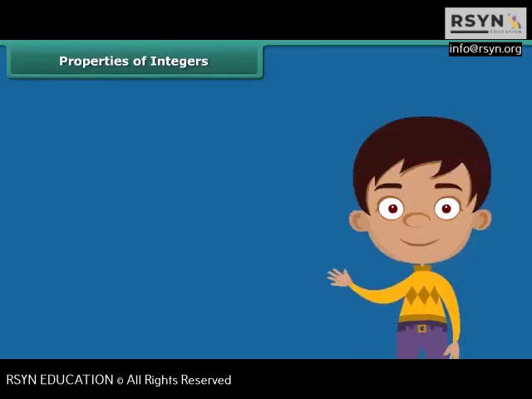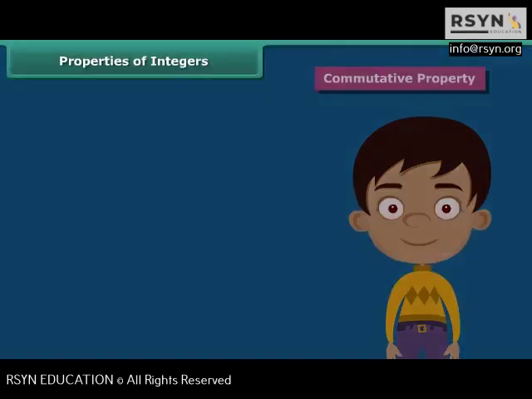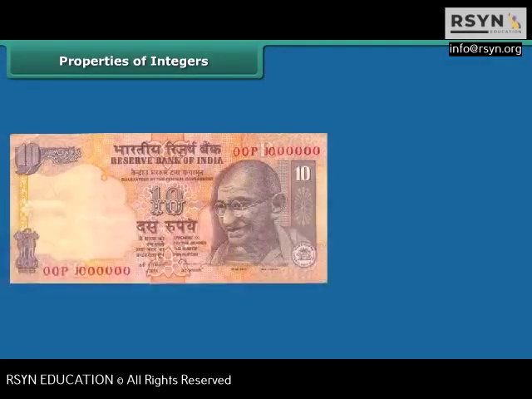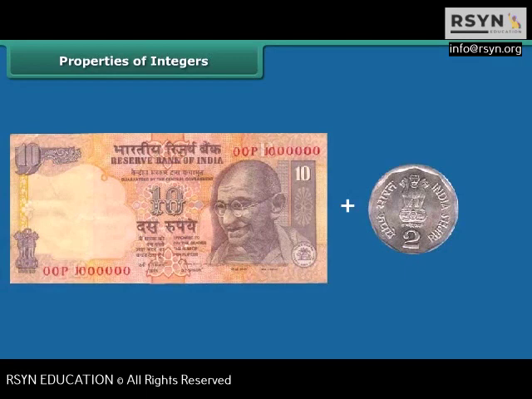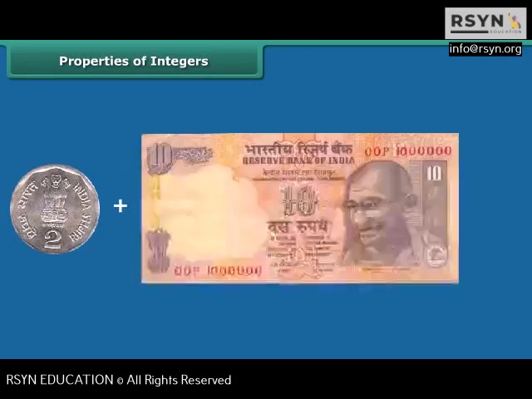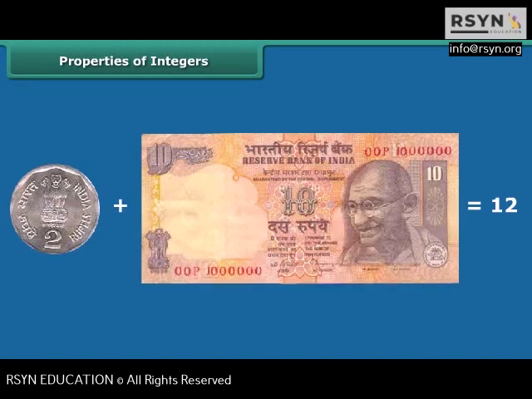Let's now move towards another property, that is commutative property. This is a 10 rupee note. If we add one coin of 2 rupees to it, we will get 12 rupees. Now take a coin of 2 rupees and add one note of 10 rupees to it. Again, we will get 12 rupees.